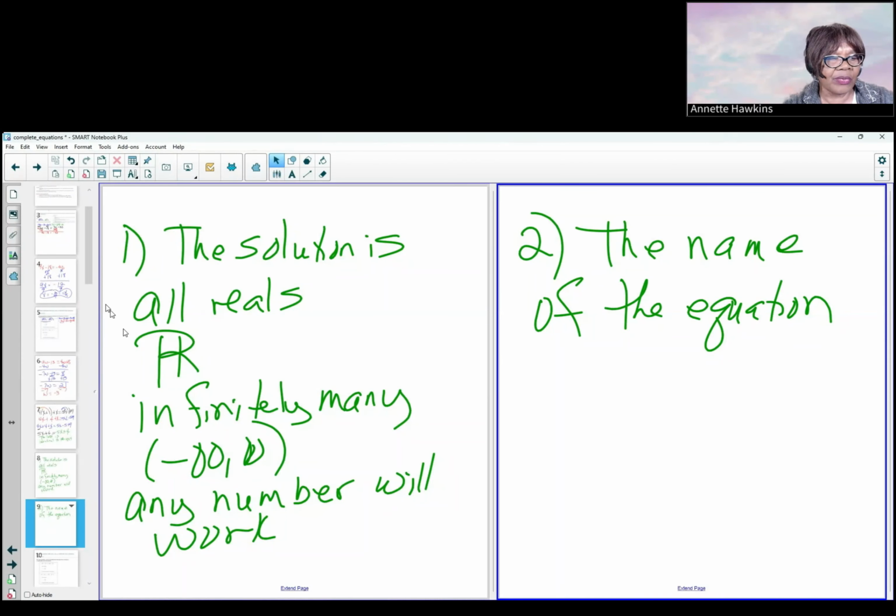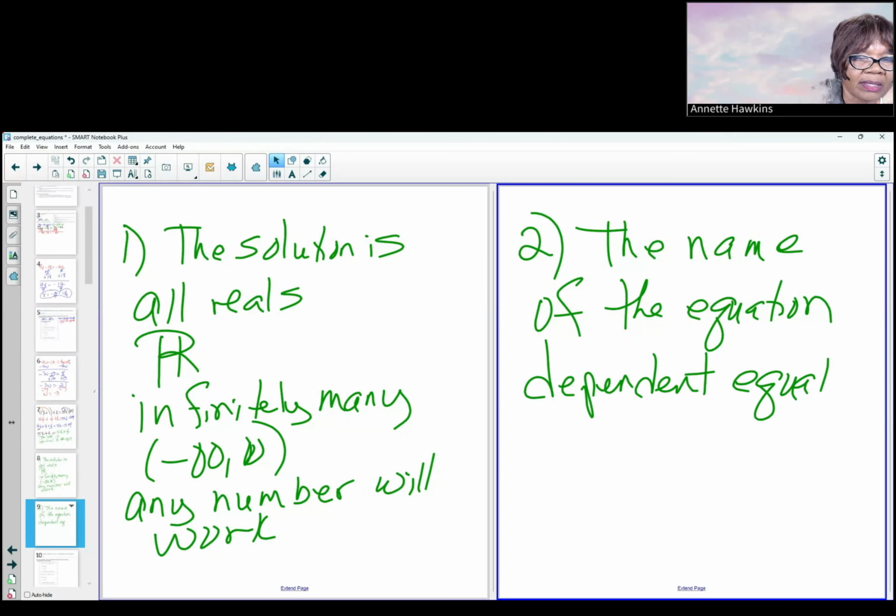Okay. The reason for that is because the solution is infinitely many. Okay. So it's called a dependent equation. And in Math 114, the name of the equation is called a dependent equation. Okay. All right, let's try another one.